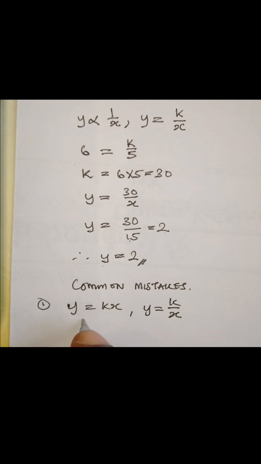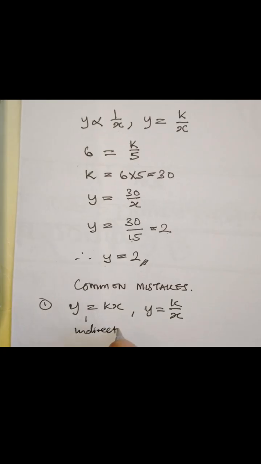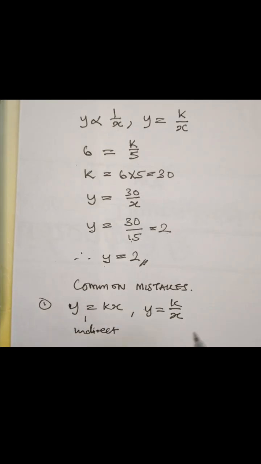Using y equals kx as indirect variation is wrong. This is direct variation and this is indirect variation.